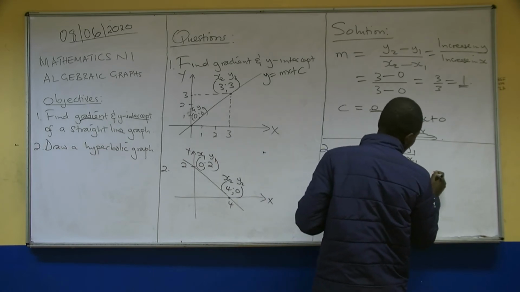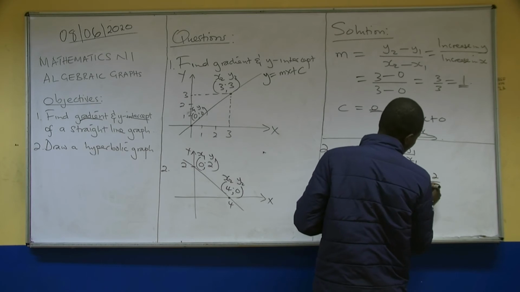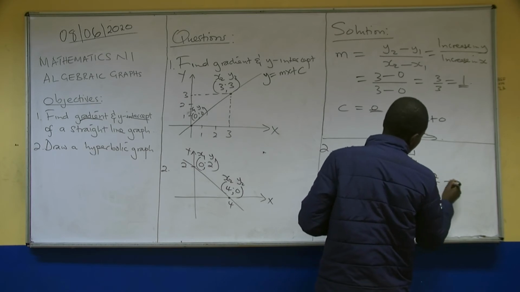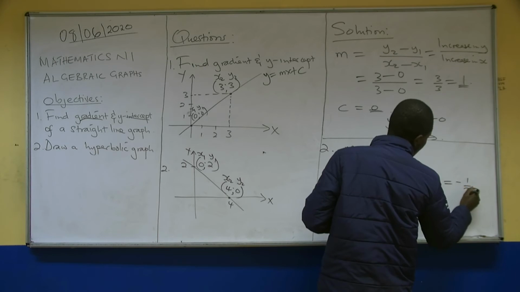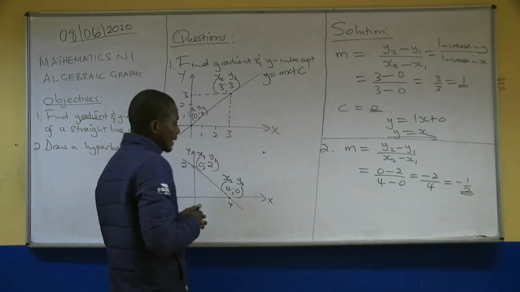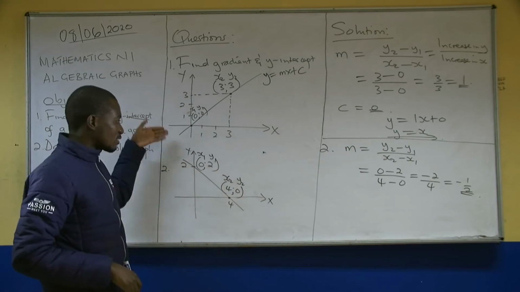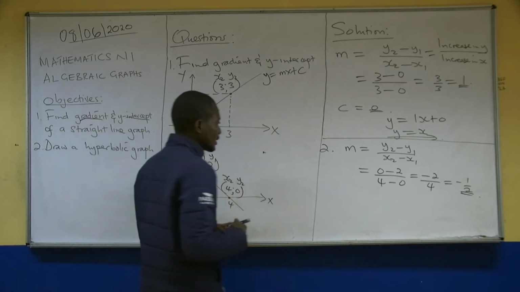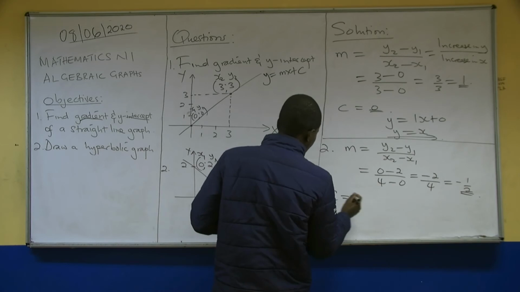This will then become 0 minus 2, which gives minus 2, over 4 minus 0, which gives 4, which is equal to minus 1 over 2. So this is the gradient of the graph.